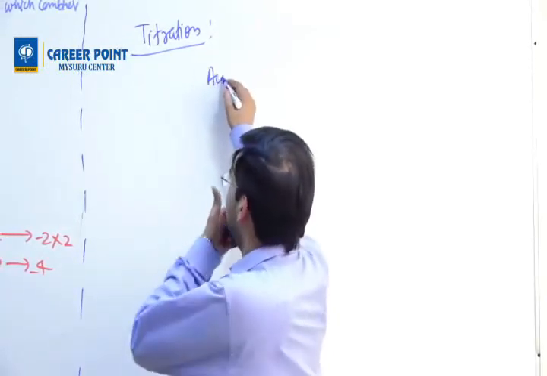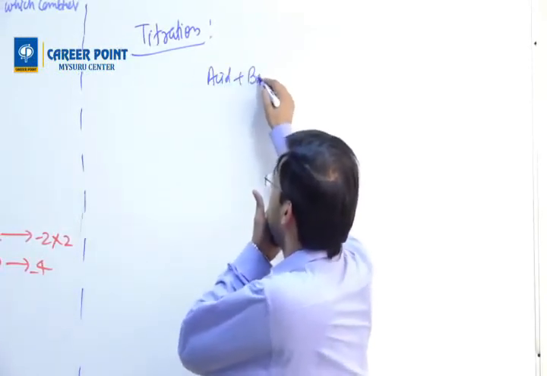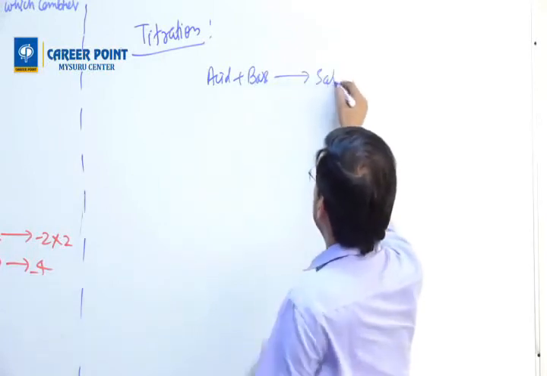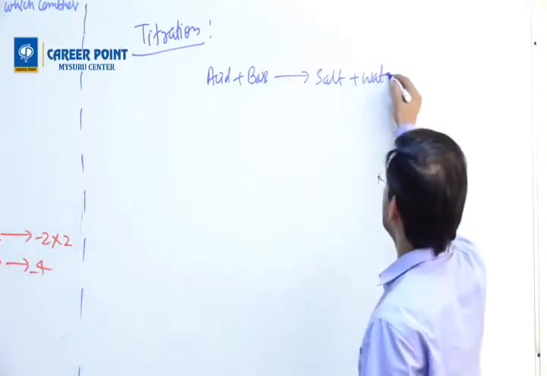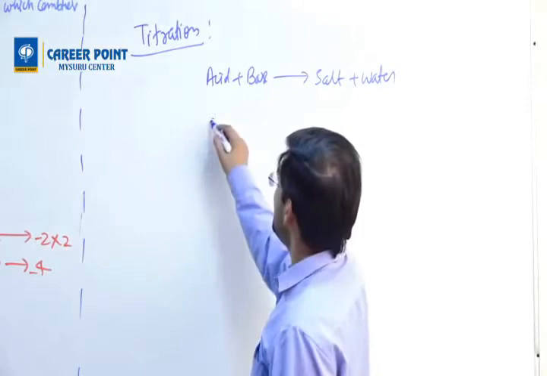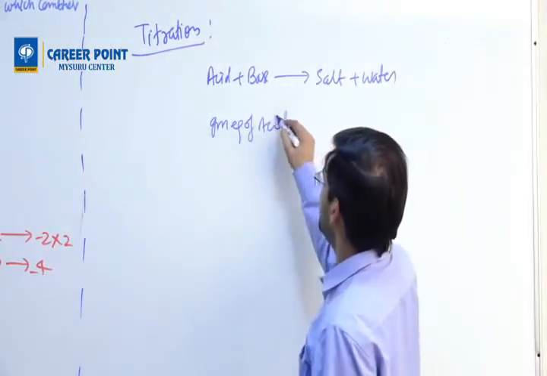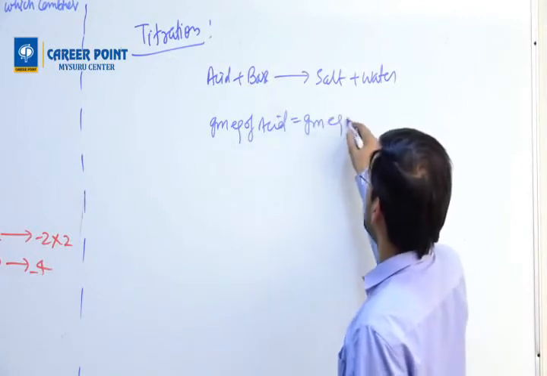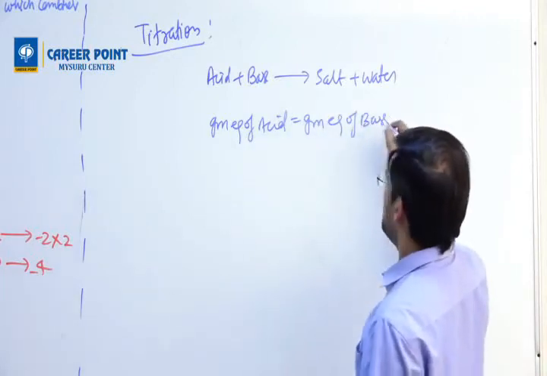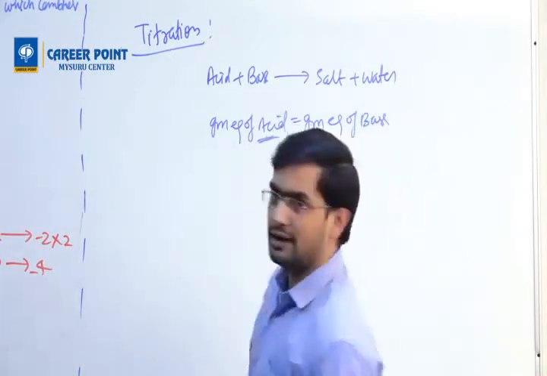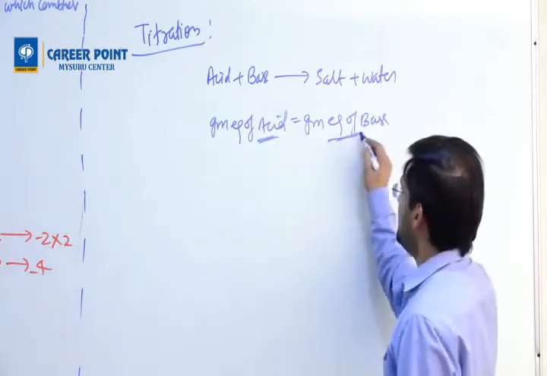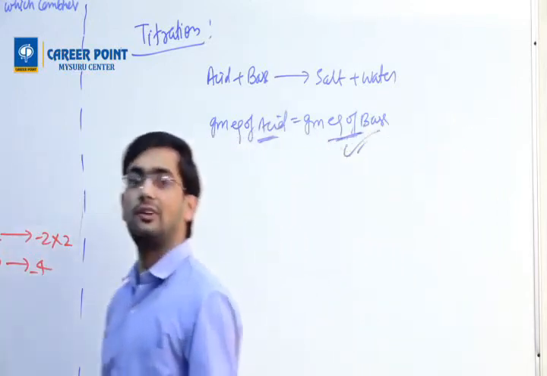Titration is acid reacts with base to form salt plus water. Then you can write one line: gram equivalent of acid is equal to gram equivalent of base. Some value is given, some value is not given. You can calculate the base value, you can calculate any acid value.